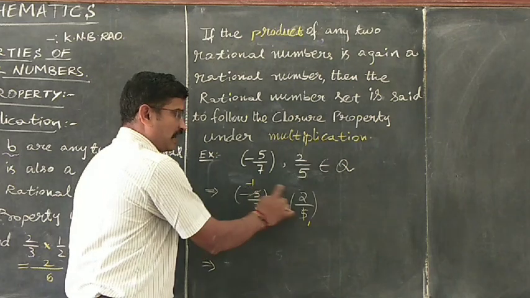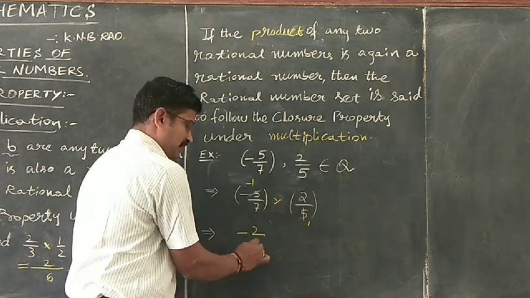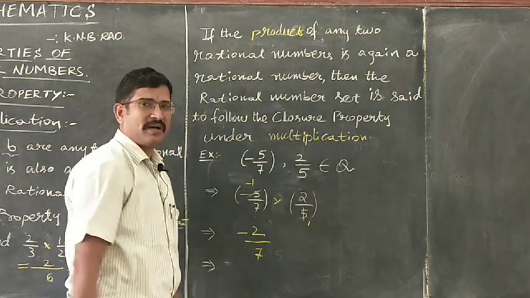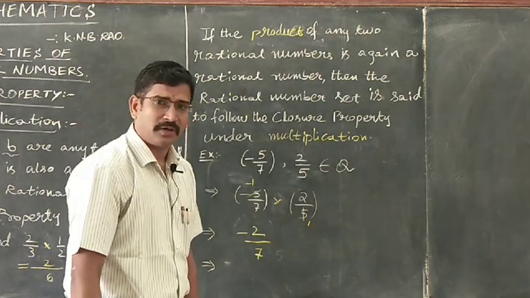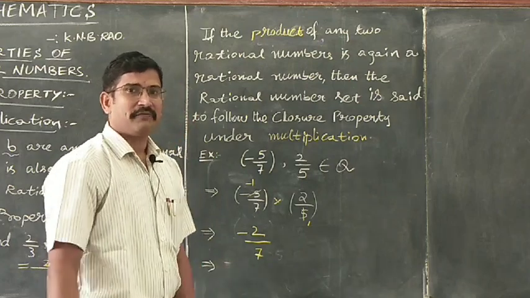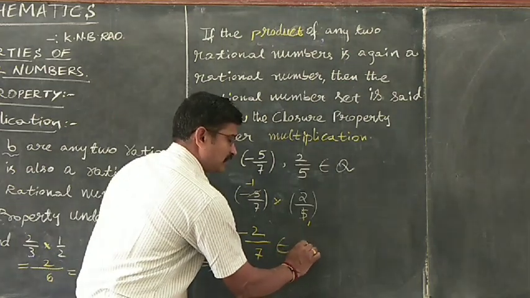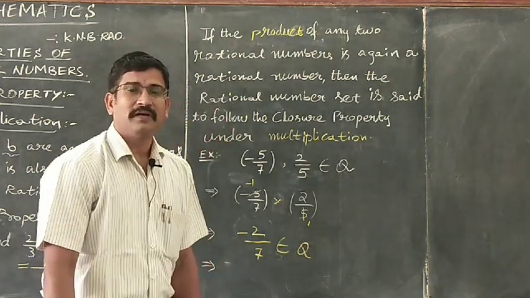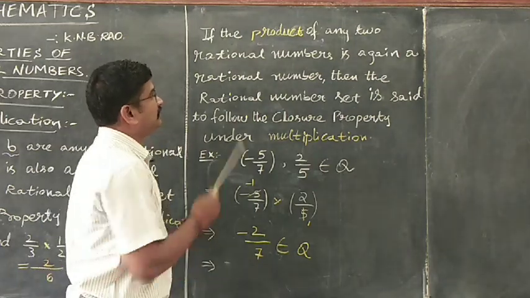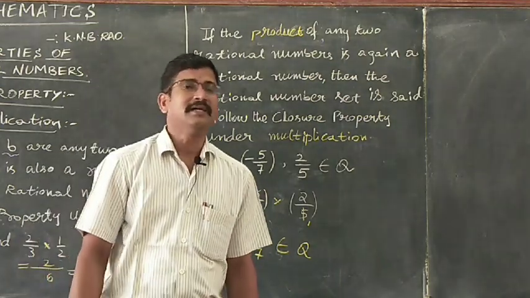Therefore, minus 1 into 2 gives us minus 2, and 7 ones gives 7. Is this minus 2 by 7 again a rational number or not? Obviously, it is a rational number, knowing the definition of rational numbers. So we finally conclude the product of any two rational numbers is again a rational number. Therefore, the rational number set follows closure property under multiplication.